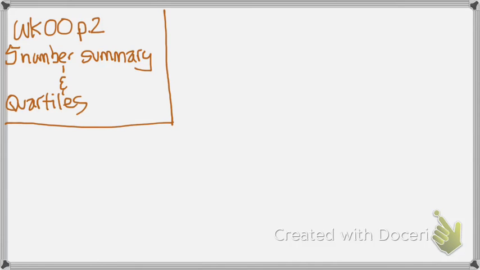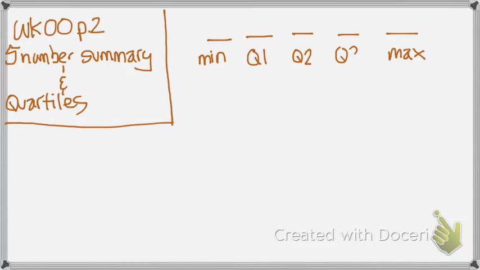After that, you're going to need to be able to find the 5-number summary. In the 5-number summary, we have 1, 2, 3, 4, and 5 values, as we talked about on page 0's vocabulary. We have a minimum, a maximum, and then we have things we call Q1, Q2, and Q3.